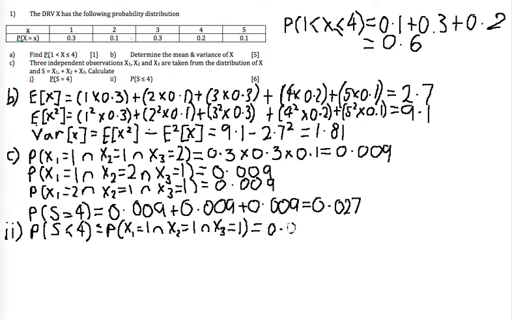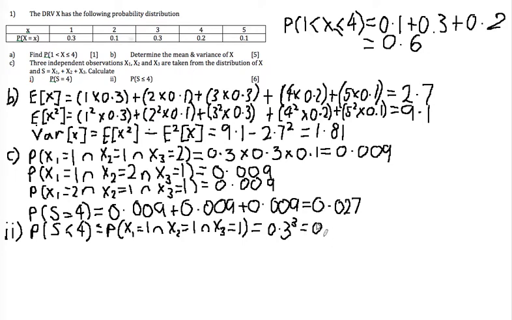One second, just having problems with my rubber here. Okay, so it should be 0.3 times 0.3 times 0.3. One second, if you just hold on, please. Which is the same as 0.3 cubed.